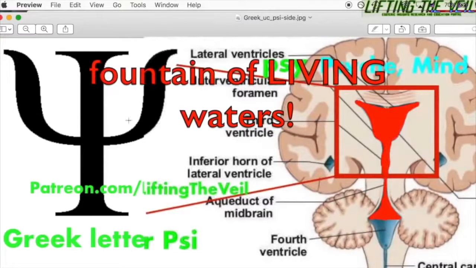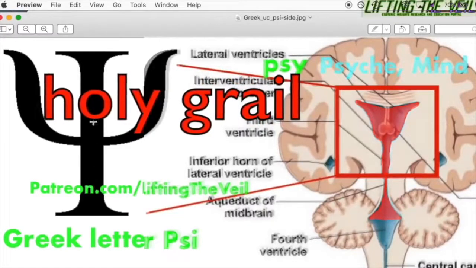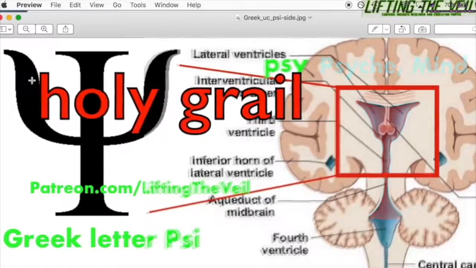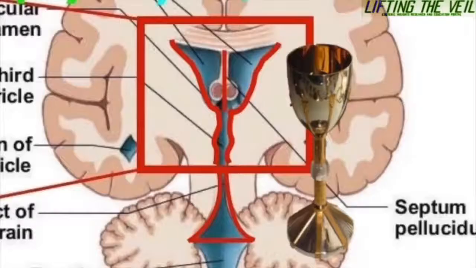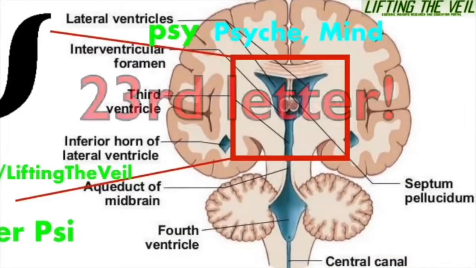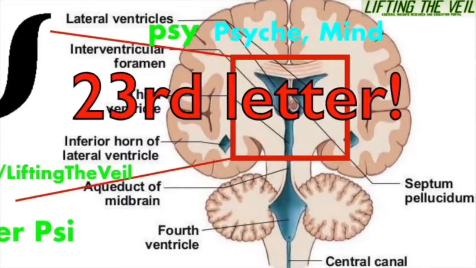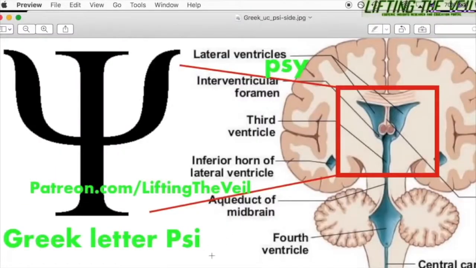So again, you have the chalice and the masculine penetrating that chalice, the blade in the chalice. You have the masculine penetrating the feminine, the penis penetrating the womb, the symbol of the psi, the Holy Trinity. And again, this is the Greek letter psi, which relates to the psyche, which means the mind. So you have psi and psyche.